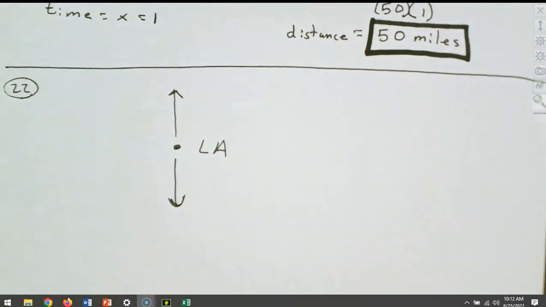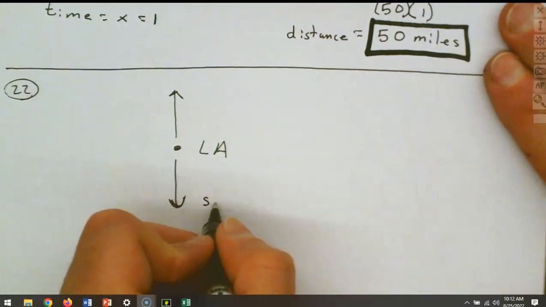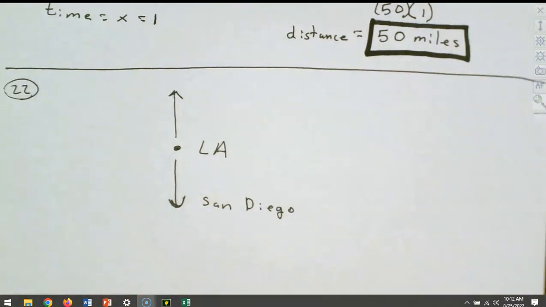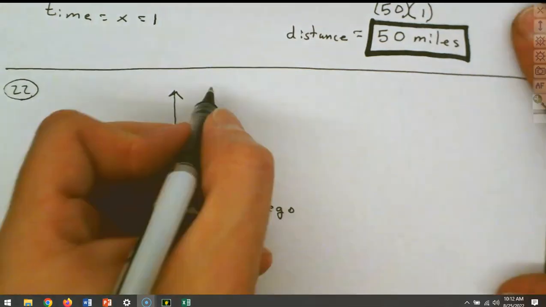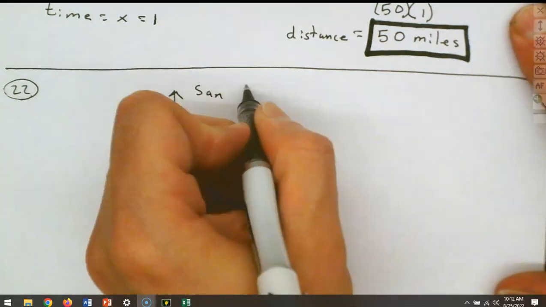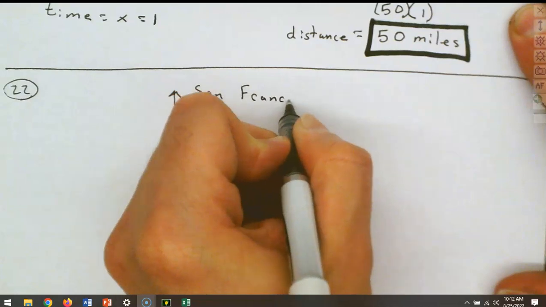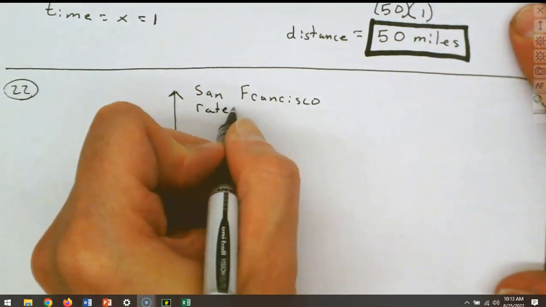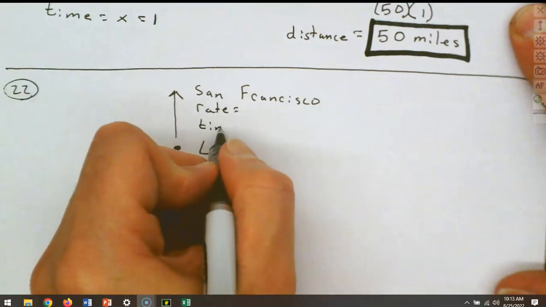So when we read this, it says one heads south to San Diego. So that one's going south to San Diego. And the other one's going north to San Francisco. Each of these, again, is going to have a rate and a time.